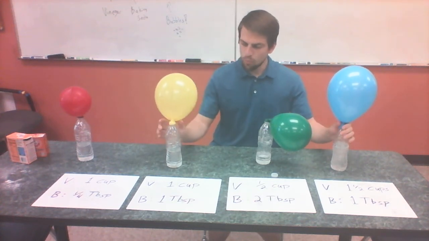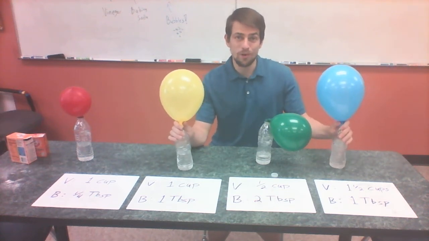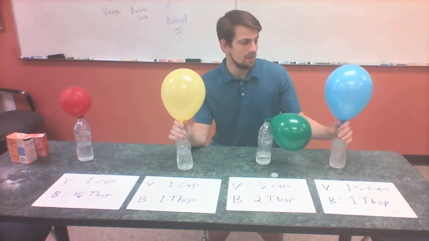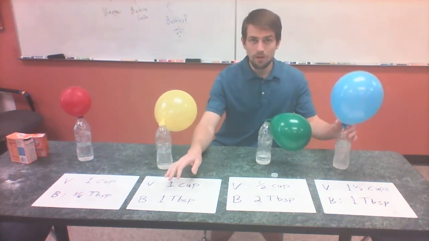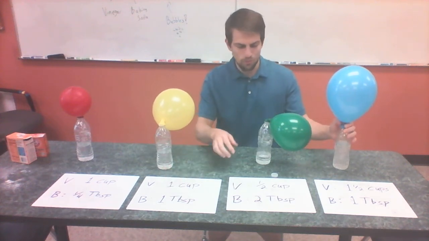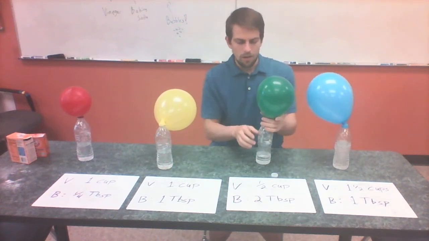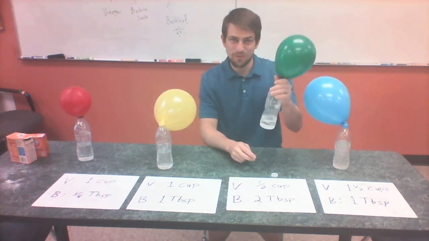But when we added more vinegar, it didn't really get much bigger, so that means that almost all the vinegar was used up as well. So it looks like the 1-to-1 ratio here of 1 cup vinegar to 1 tablespoon of baking soda worked well.